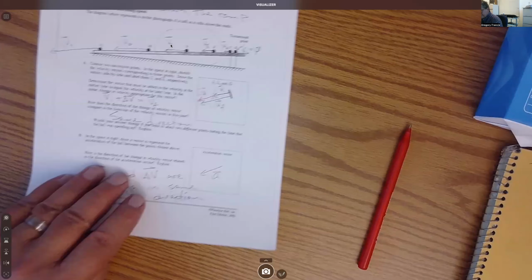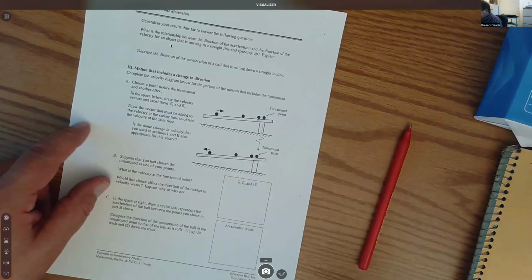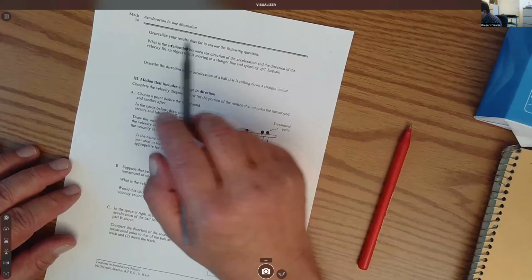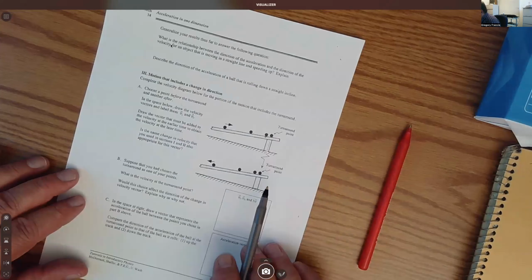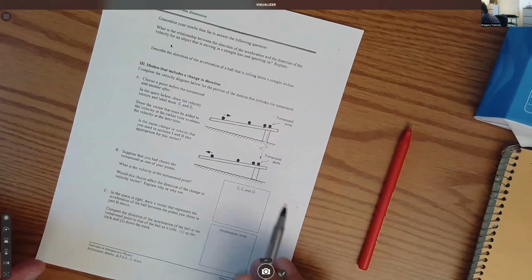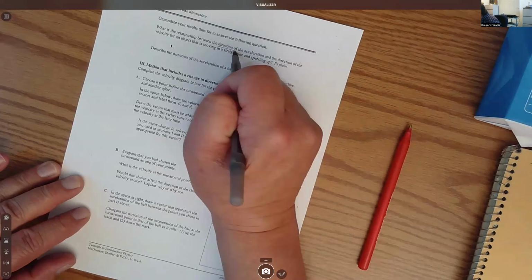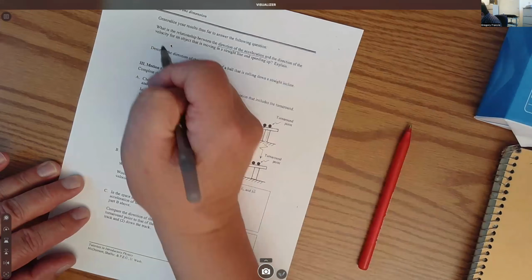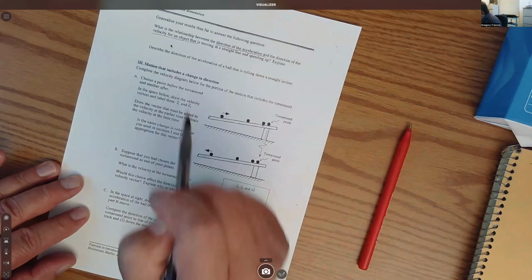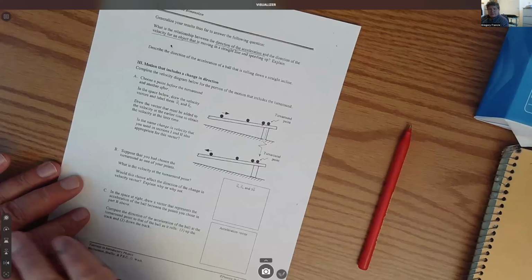So now we've come to the last page. We are getting there. Again, we want to generalize our results thus far to answer the following questions. What is the relationship between the direction of the acceleration vector and the direction of the velocity vectors for an object that's moving in a straight line and speeding up?